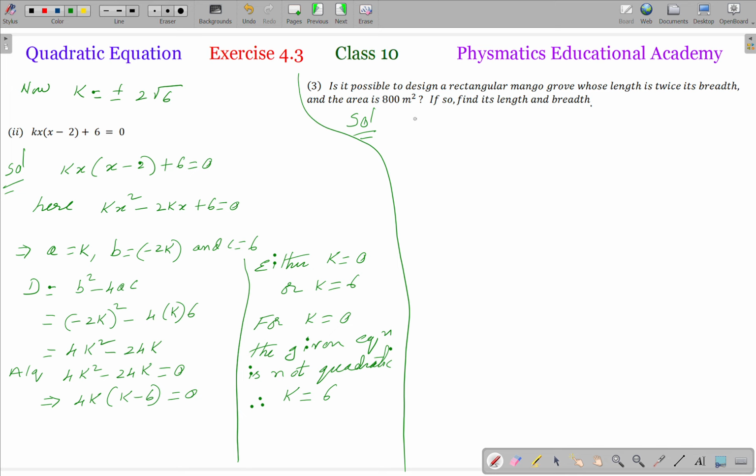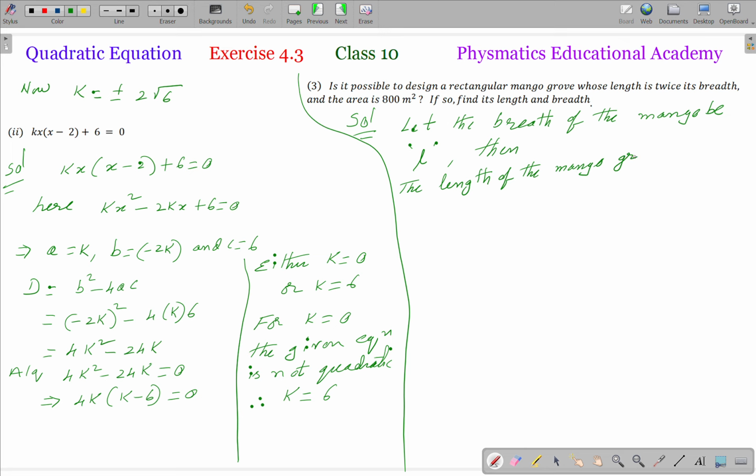For question number 3, let the breadth of the mango grove be L. Then the length of the mango grove will be 2L.